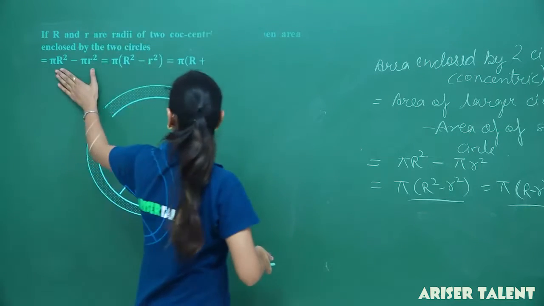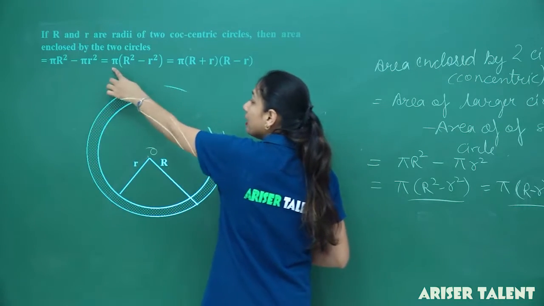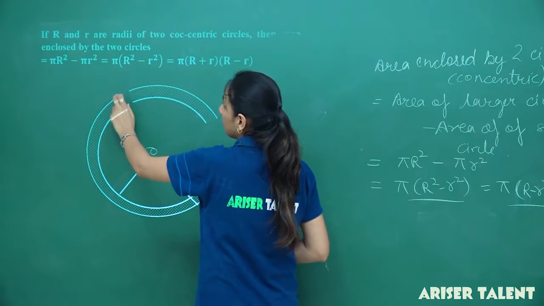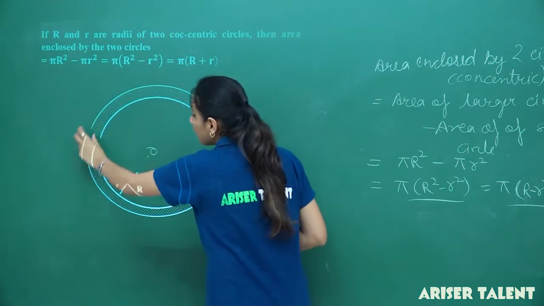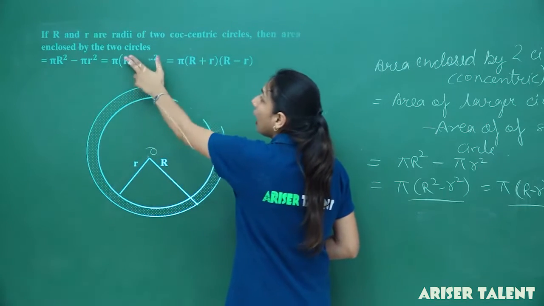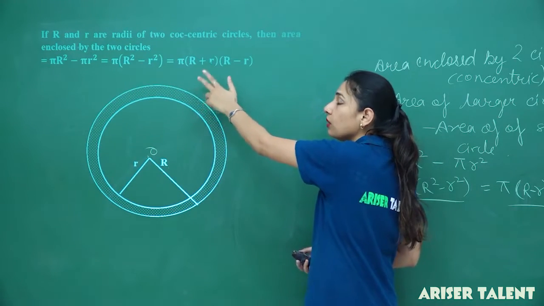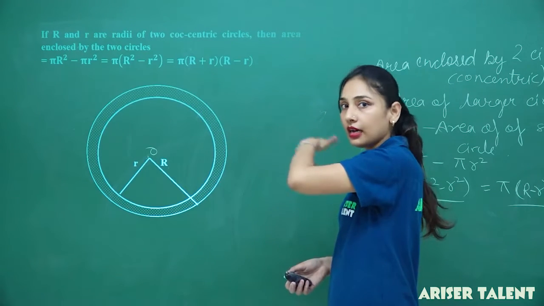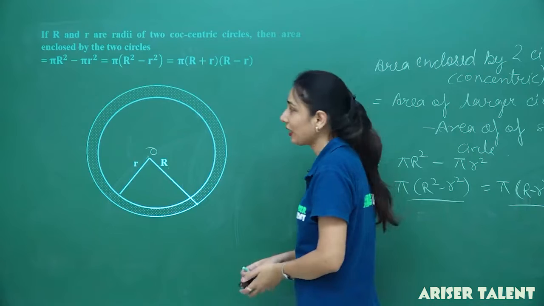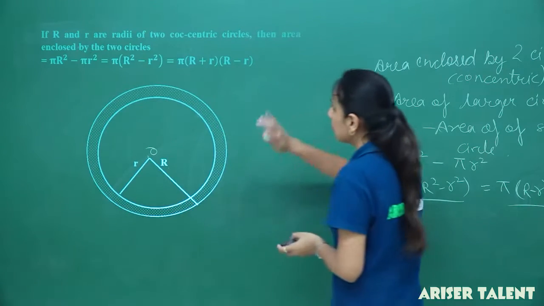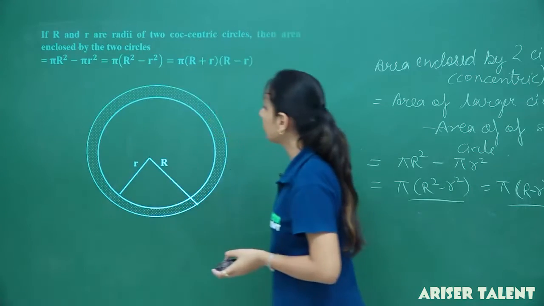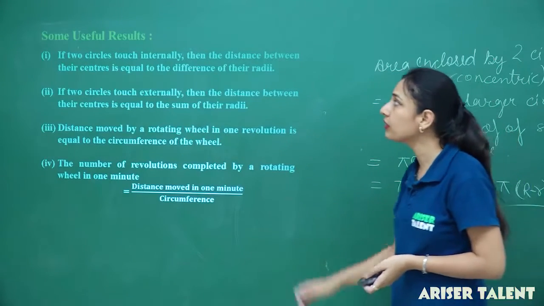And now I have pi R squared minus pi r squared, the area enclosed by these two circles, equals pi times R squared minus r squared, equals pi times R plus r times R minus r. The first R is capital, the second r is small. So, students, this is for the area by two concentric circles.